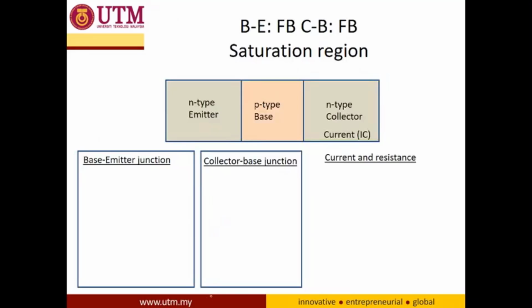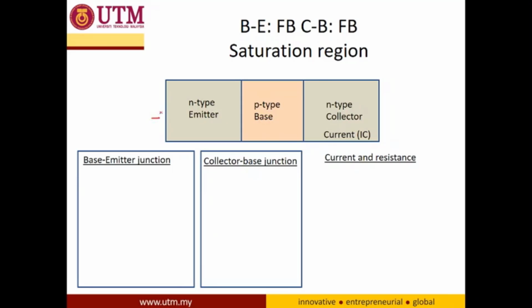Okay, so we have discussed the biasing condition and the types of operating region. Now we want to further discuss the movement of carriers, what really happens inside the NPN junction. For the saturation region, the base emitter should be forward bias.